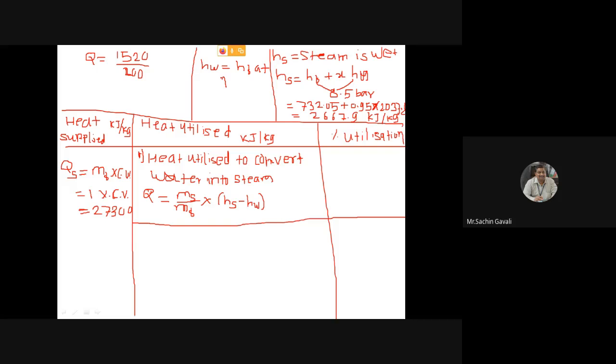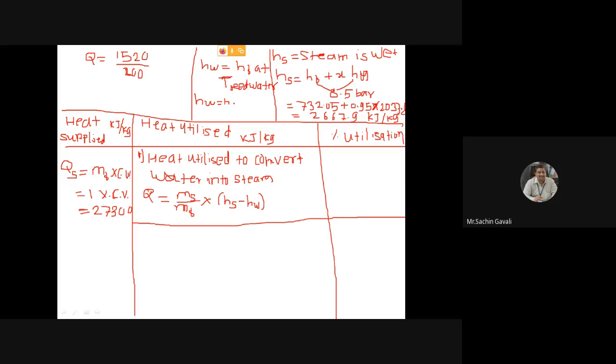So I'll write it as T feed water. Temperature of feed water. Then what is the feed water temperature?